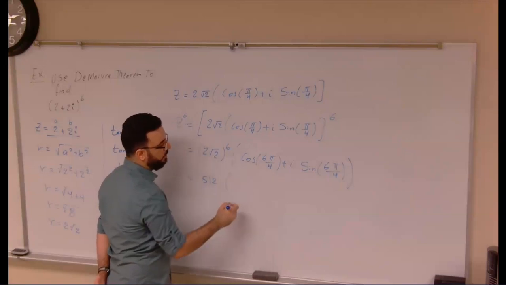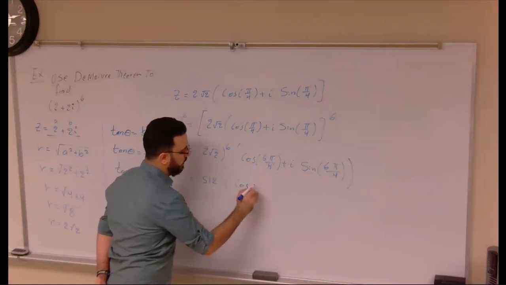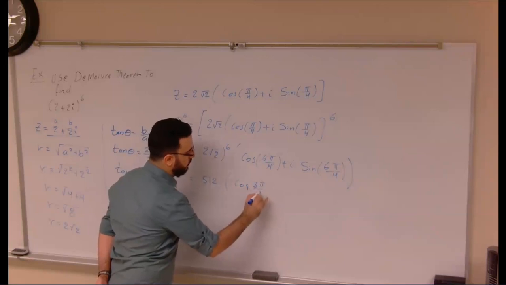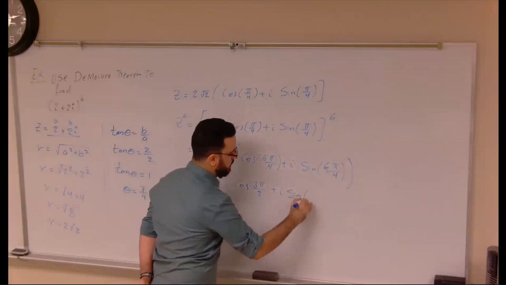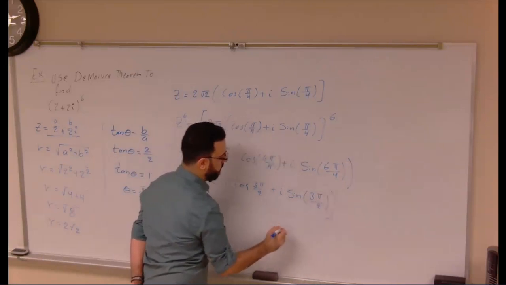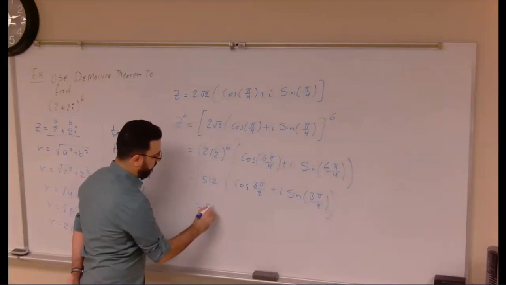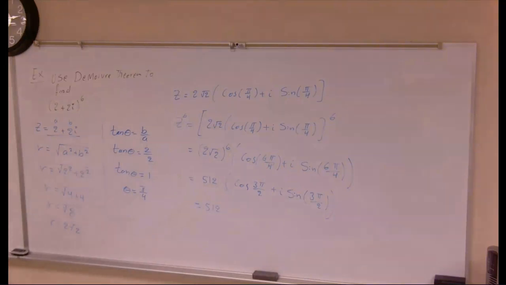How much is the cosine? Because you're going to simplify here, it's going to be cosine 3 pi over 2 plus i sine 3 pi over 2, times 512. How much is cosine 3 pi over 2? It's the opposite angle of the 90.